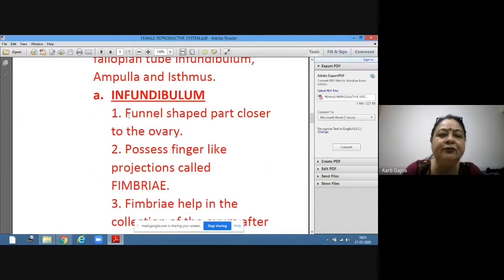This infundibulum is the funnel-shaped part. The shape of this infundibulum is like a funnel, which is closer to the ovary. That means immediately after the ovary, the part of the oviduct is called infundibulum. And this part possesses finger-like projections. These finger-like projections are to receive the ova, and they are called fimbriae.